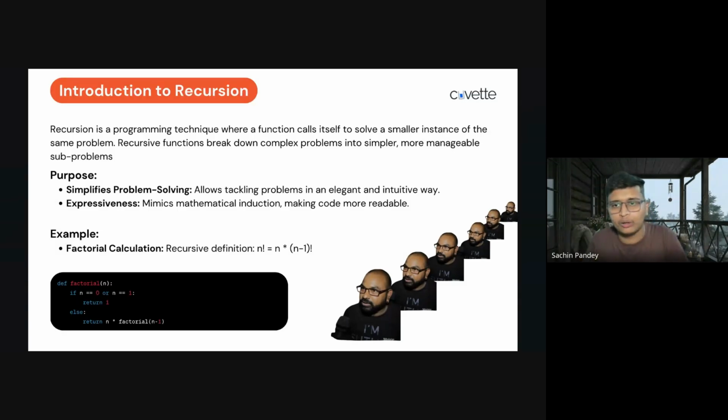Expressiveness is the second thing. All of us have studied the principle of mathematical induction, right? If it is true for i equal to 1, and if it is true for i equal to k, then we prove it. So recursion follows similar things. As I mentioned before, we have a bigger problem, and we try to solve multiple smaller sub-problems, and then combine the answers or use those solutions of smaller sub-problems to find our answer.